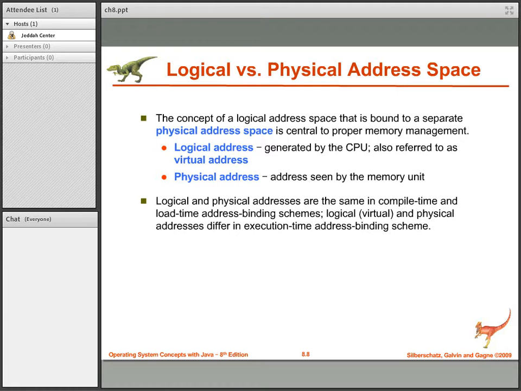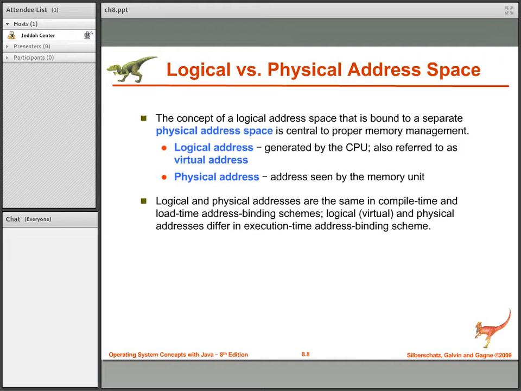Now, in order to properly manage the memory, we have to bind the address space to a physical address. The logical address, or virtual address, is referred to as logical virtual address.